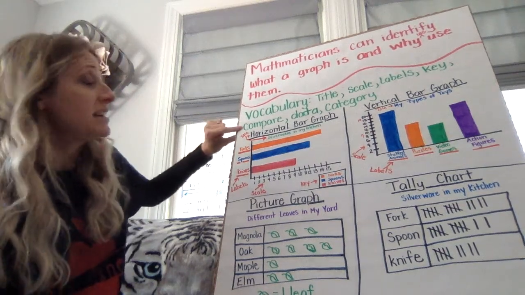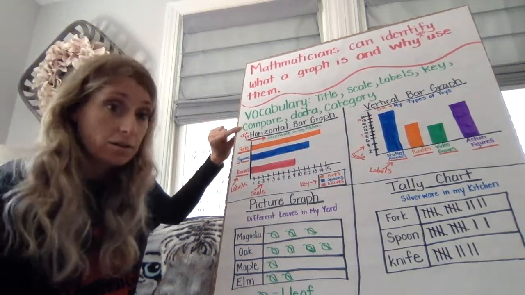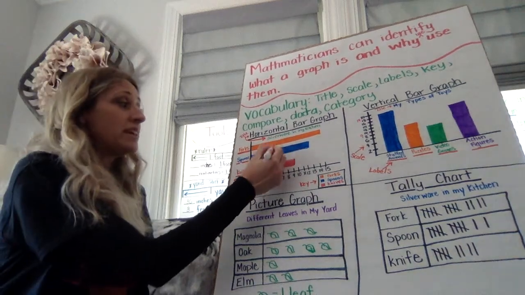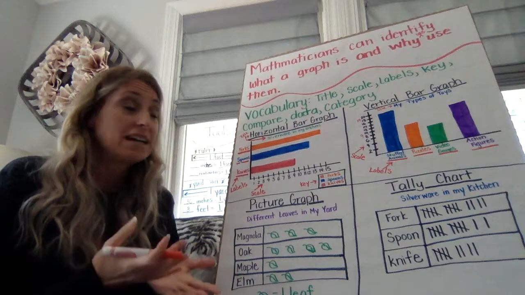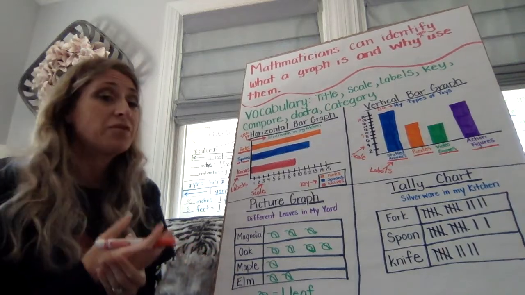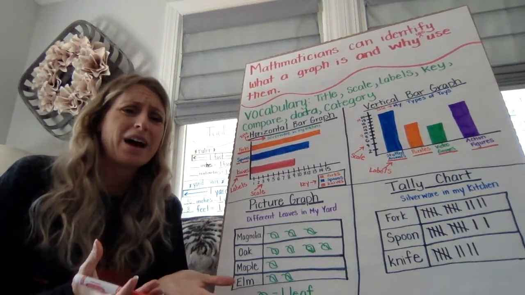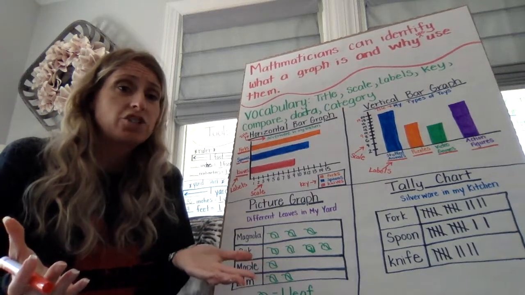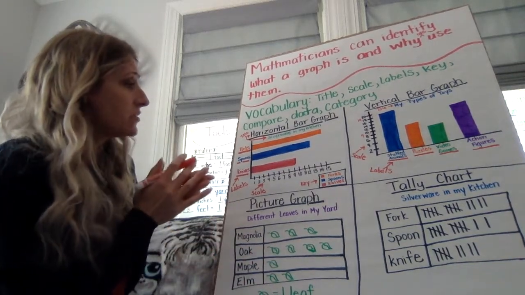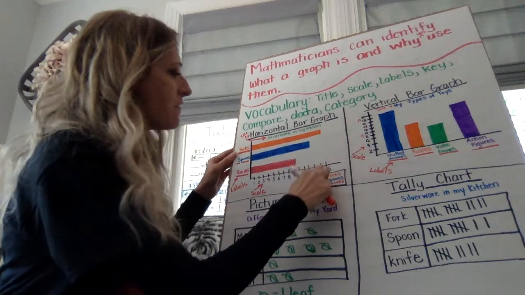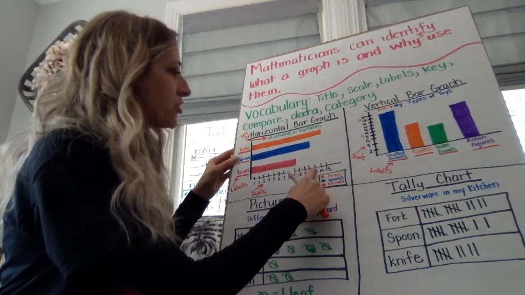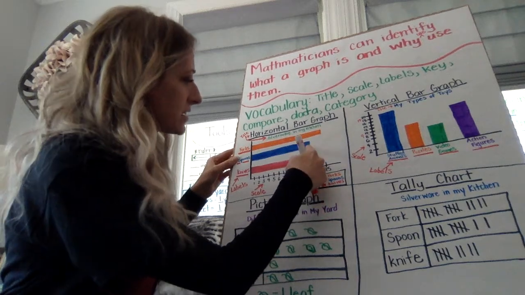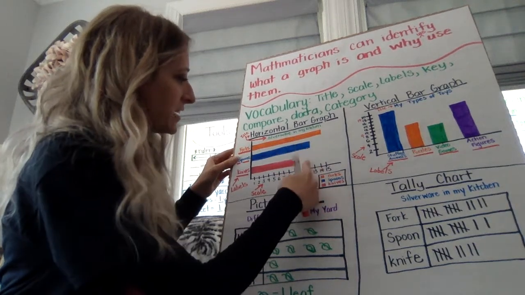So the next word is compare. And that just means we can easily compare the data by looking at this graph. For example, if I were to say, how many more forks do I have than spoons in my kitchen? Well, I could easily look at this graph and go, okay, I have 14 forks and I have 12 spoons.